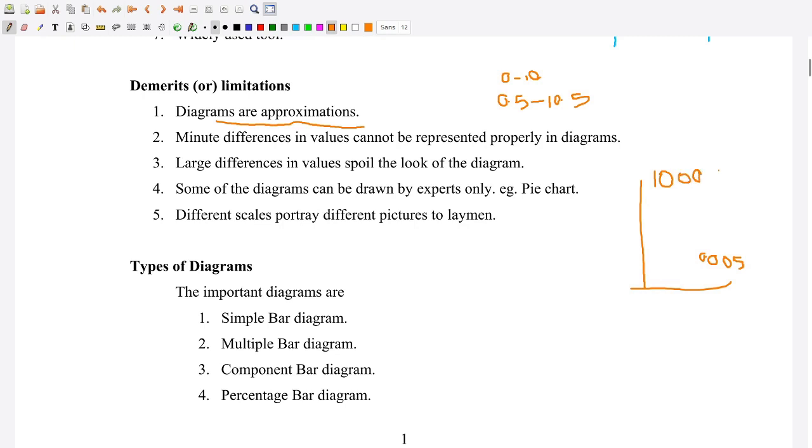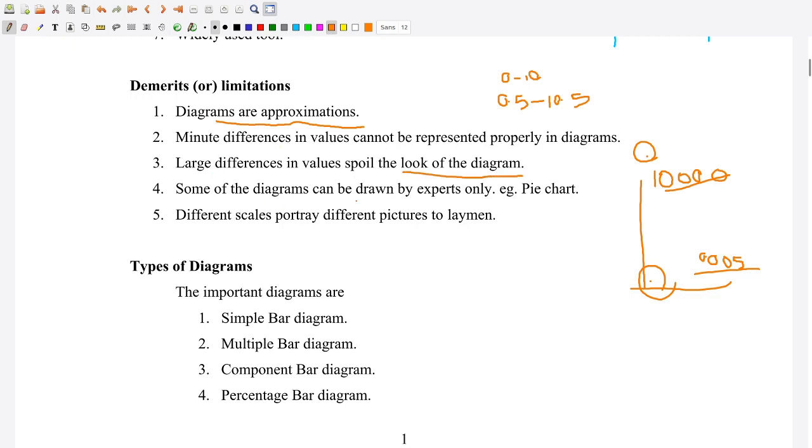There's a huge range in the data, so you won't be able to see one point somewhere here and one point somewhere here. It would be difficult to visualize such points. I took these small numbers, but there could be large numbers as well. So minute differences in values cannot be represented properly in diagrams. Moreover, large differences in values spoil the look of the diagram.